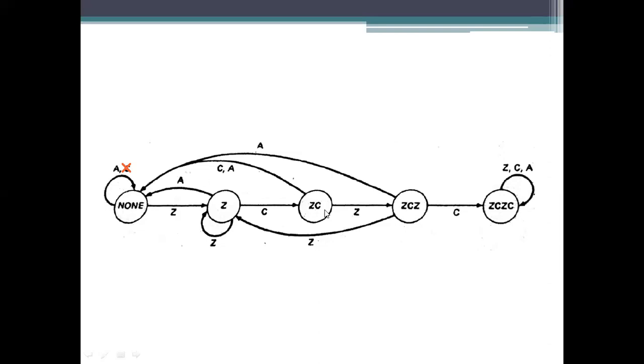Coming to the ZC state, I get the value Z as the correct one, and C and A as wrong ones. For others there is no transition. If you didn't mention the input value at this state, we don't know what to perform, so when we get another value, it stops there itself.